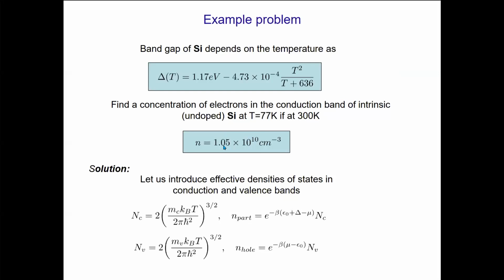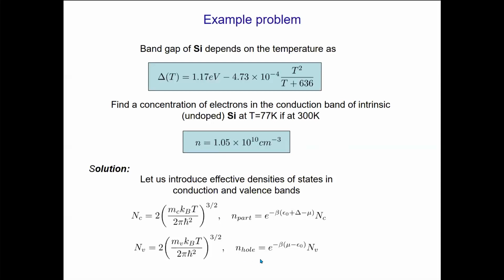So let's introduce the effective density of states in the conduction and valence bands. So we know the concentration of particles in the conduction band as we increase temperature, we calculated it before, and the concentration of holes in the valence band is given by these two formulas.